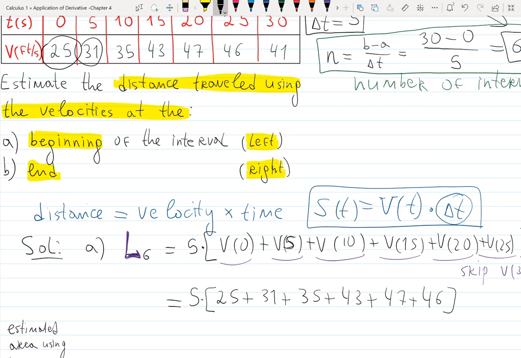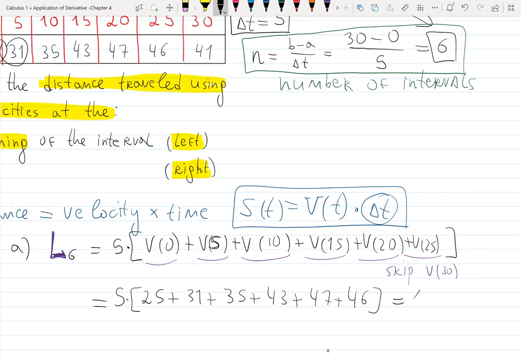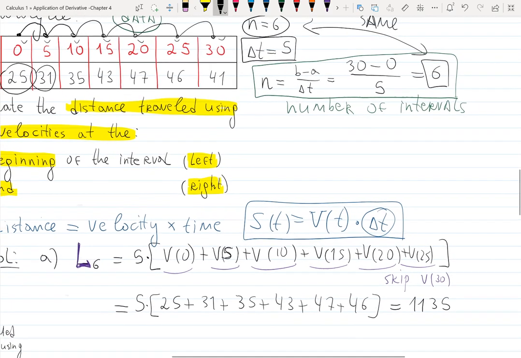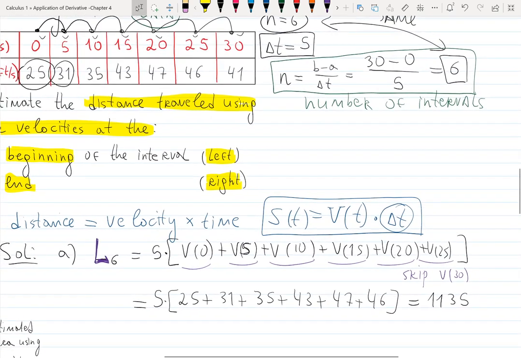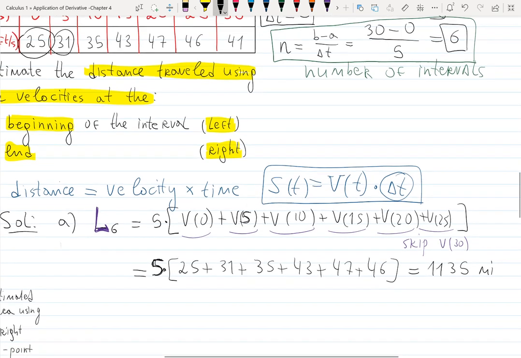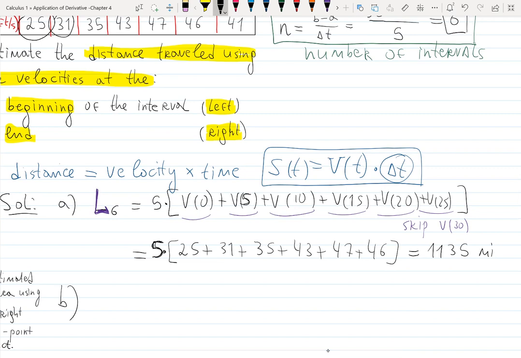Done. The answer is the distance the motorcycle traveled with this recorded, not constant velocity. First slow, then faster, 43, 47, then start decreasing, 46, 41. The speed was different, but the record was taken every 5 seconds. Then he or she traveled 1,135 miles.